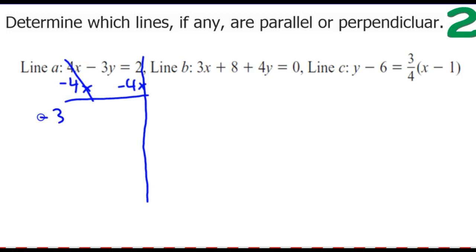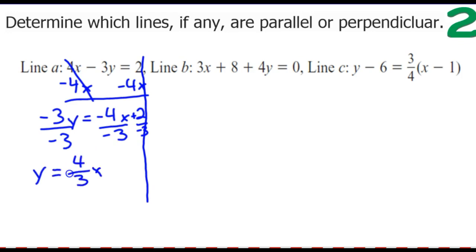So we get a negative 3y equals a negative 4x plus 2 divided by negative 3. And we get y equals a positive 4 over 3 x, because two negatives make a positive, plus 2 over negative 3. So our slope here is 4 over 3.